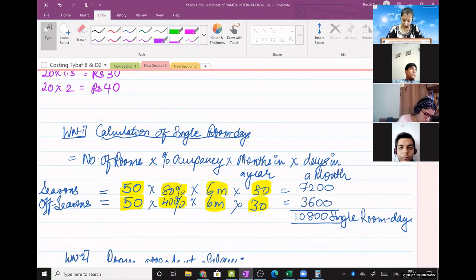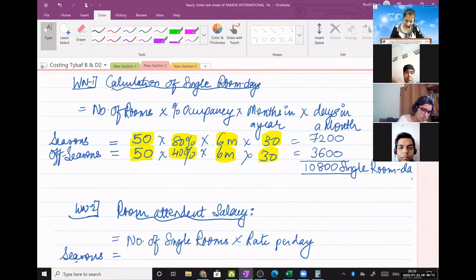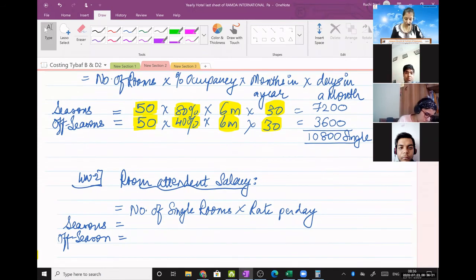Okay, thank you, dear. We still have 5 minutes. We can do the working note part, at least that much. So start with room attendant salary. We'll keep the working note ready. What is the basis? It is on the basis of rate per day, right?